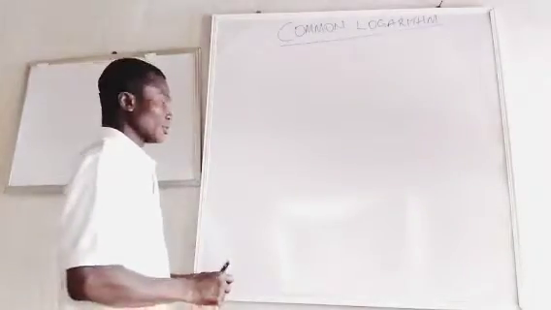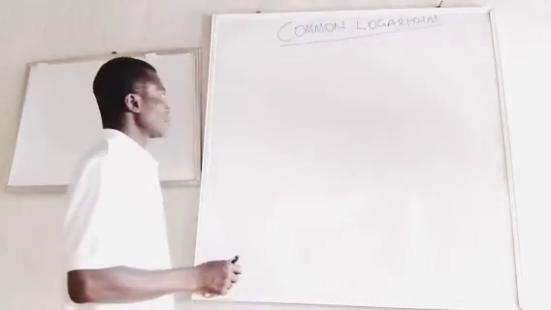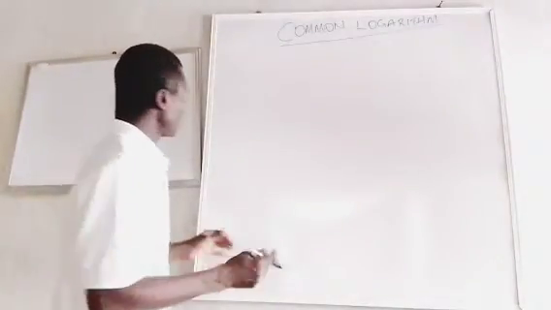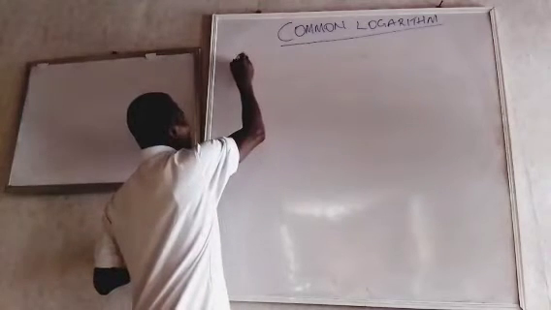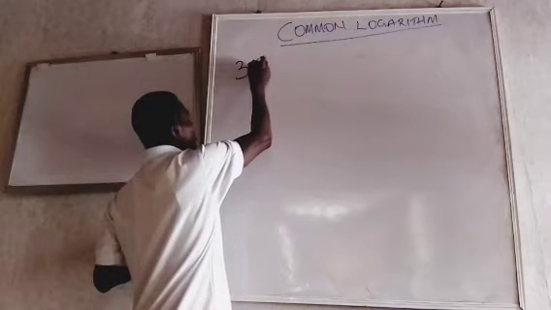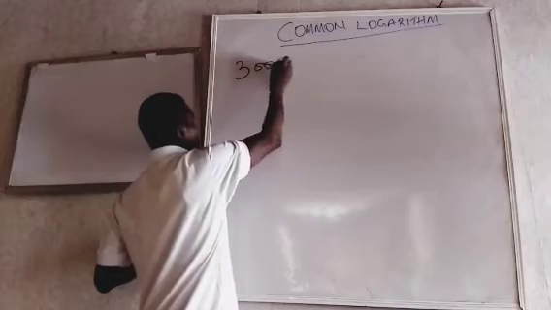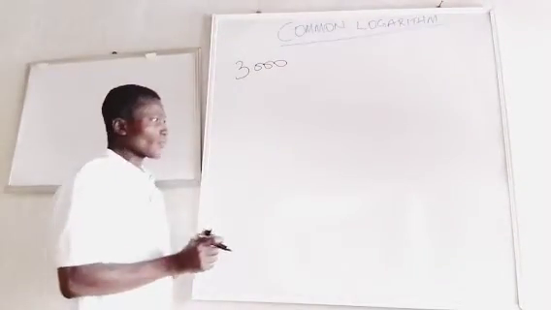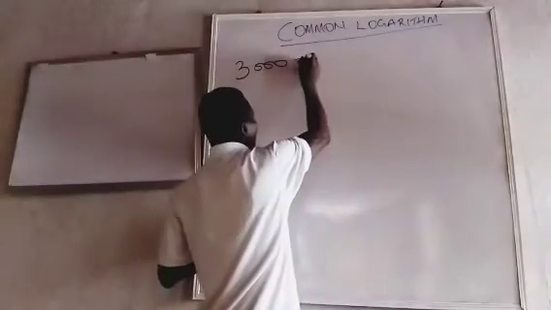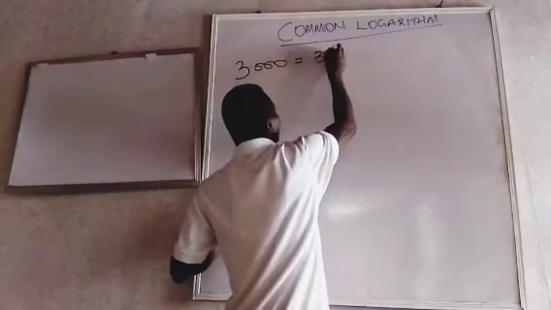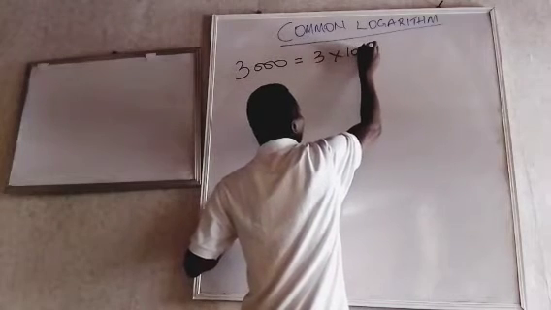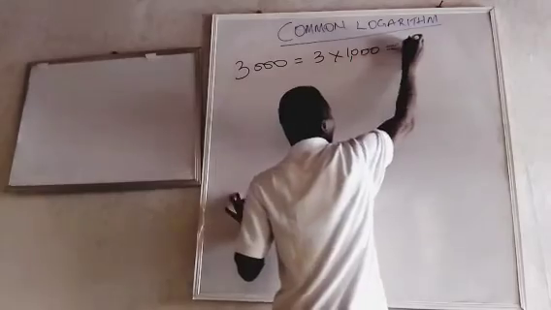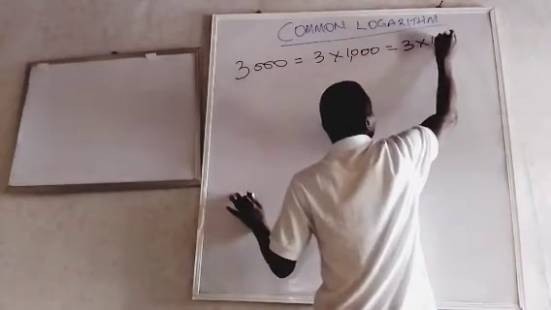Now let me quickly go to some things here to know. In logarithm, let's say we have 3,000. Let's start with this. 3,000, we can say this is equal to 3 times 1,000, which is equal to 3 times 10 raised to power 3.